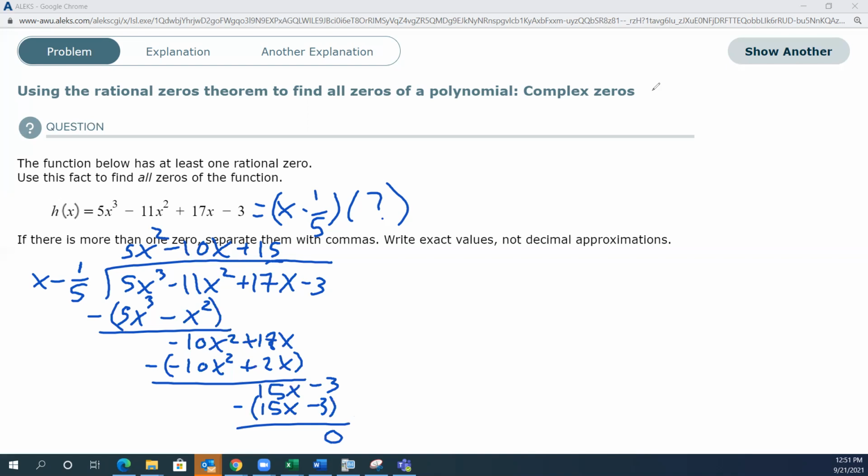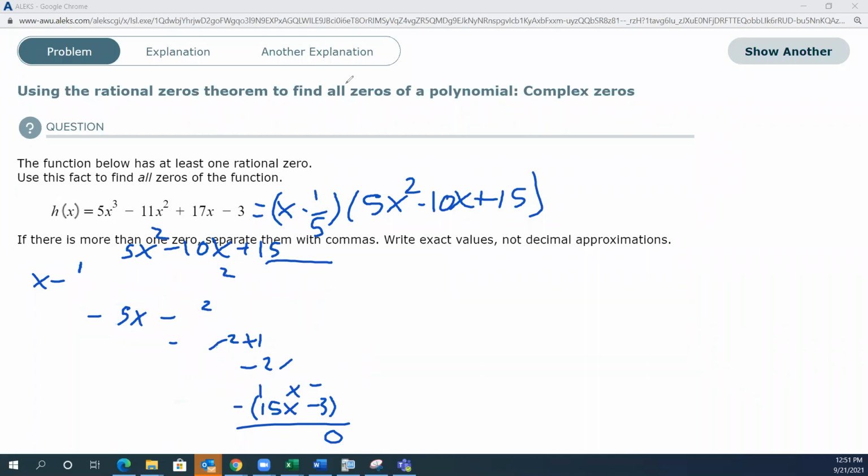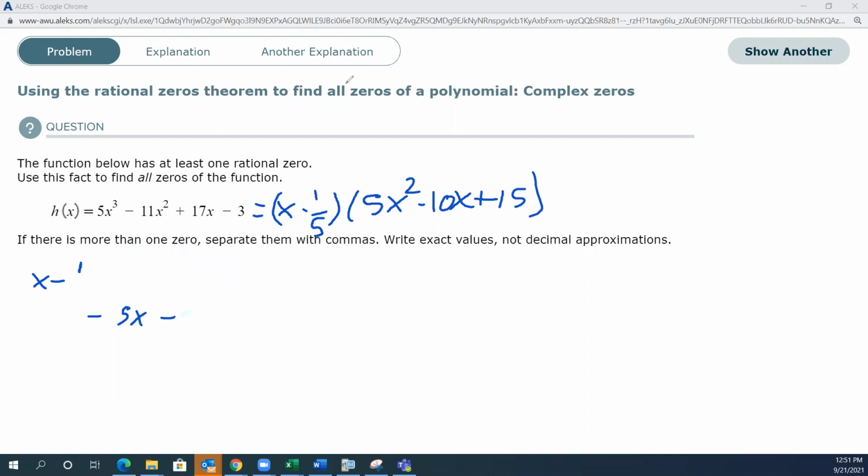All right. So that tells me that it's 5x squared minus 10x plus 15. Okay, so there is a factored form. I don't need to write it in the factored form at the end, but I kind of need it for the moment, because I'm finding all the zeros.